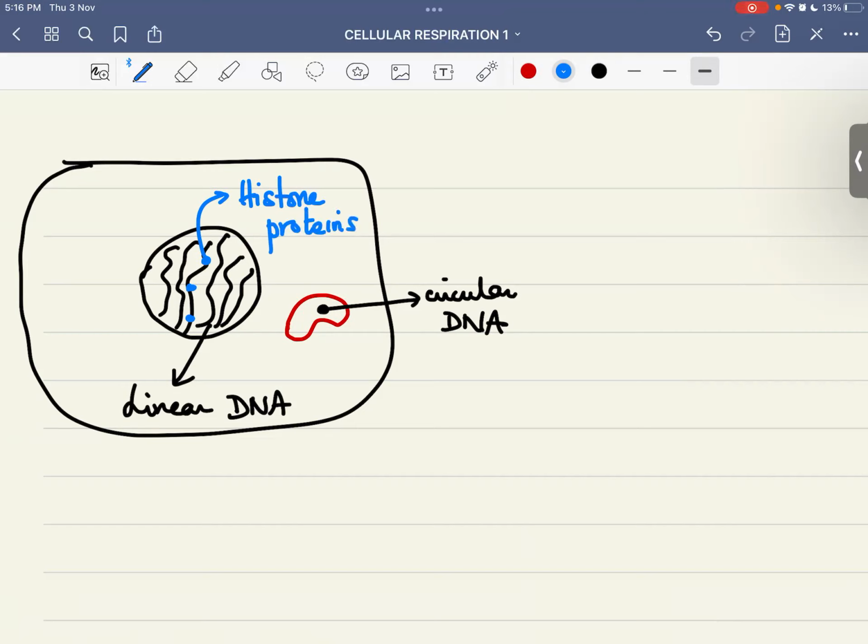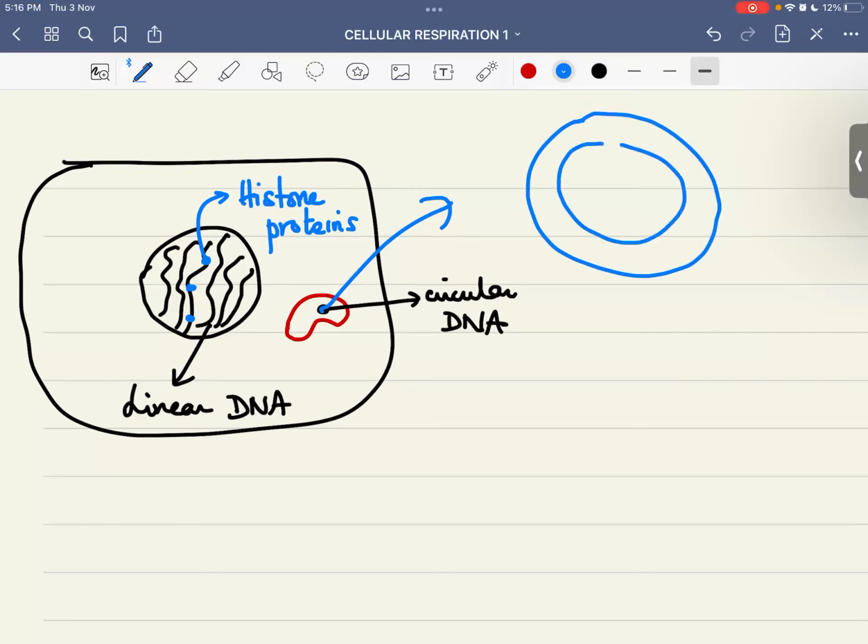Basically, histone proteins hold all the linear DNA together, because our DNA is too long and too complicated. To fold it, and since it's folded and coiled, the histone proteins prevent those coils from tangling. But circular DNA, if I zoom in, looks like this. It's like this.